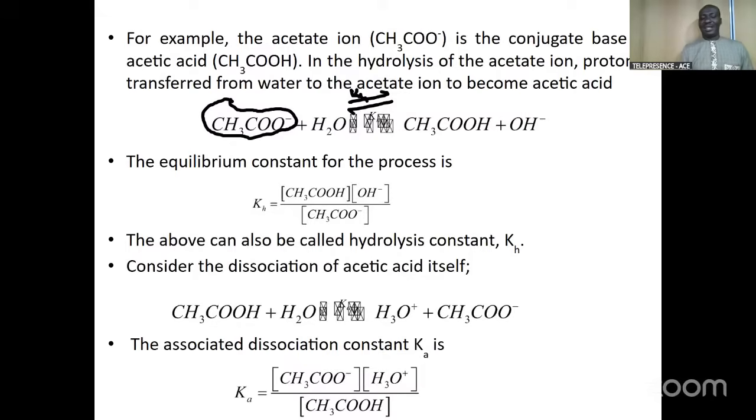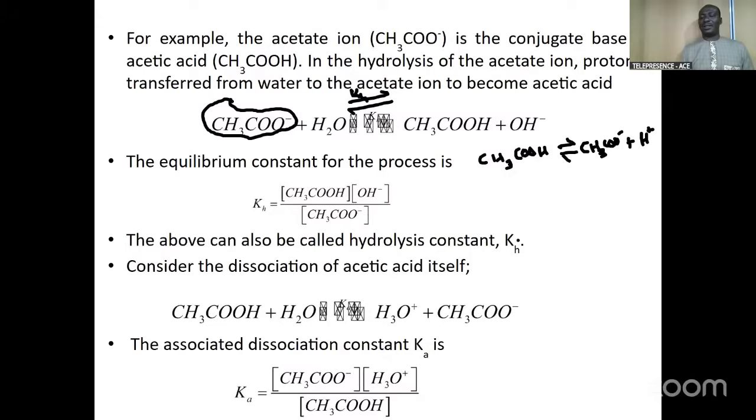Now, something interesting is emerging from this concept. Because this acetate ion is actually from acetic acid, let's look at acetic acid itself. In water, it gives acetate ion plus hydroxonium ion.